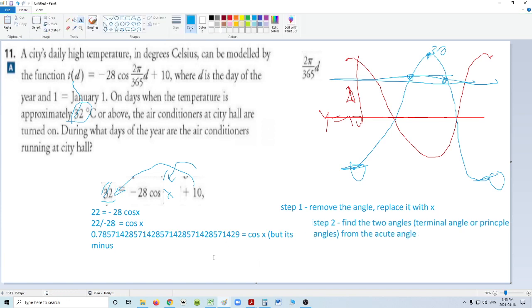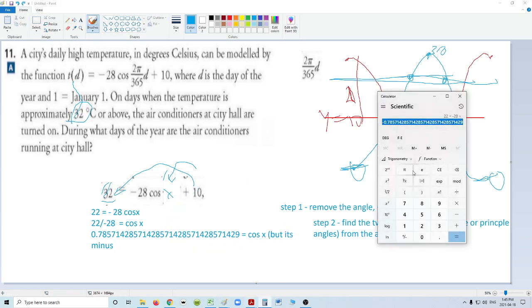So if I take an inverse of this, I get this angle. Trigonometry inverse cosine equals. I did it wrong, so I didn't quite do it properly. So I'll go back and take 22 divided by 28. I'm going to get a negative number.